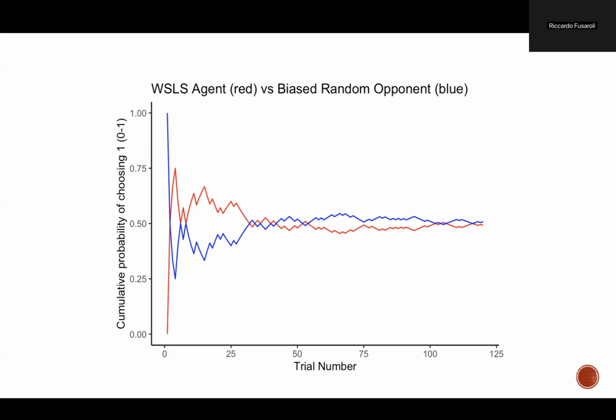Because the win-stay, lose-shift is not going to be able to rely on a sequence of several ones or a sequence of several zeros. Sometimes it's better to play random.